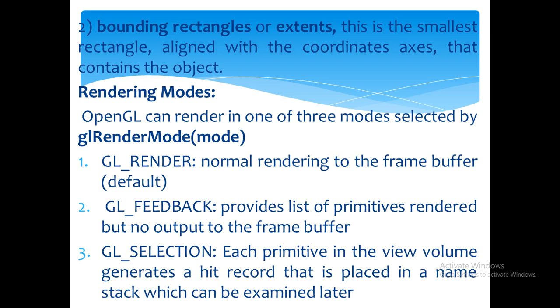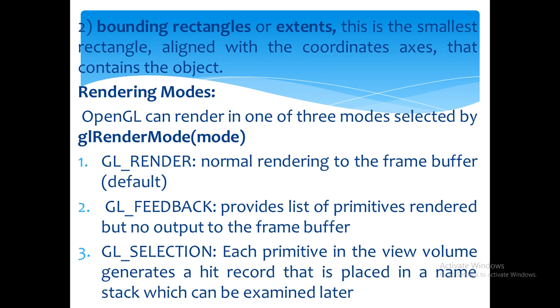Then next is GL_SELECTION. Each primitive in the view volume generates a hit record that is placed in the name stack, which can be examined later. Here in GL_SELECTION, each primitive in the view volume means how many primitives are selected by your cursor, in that rectangle, using the pick device.